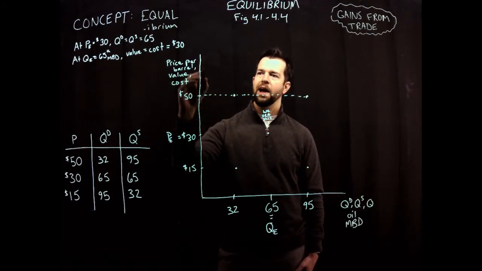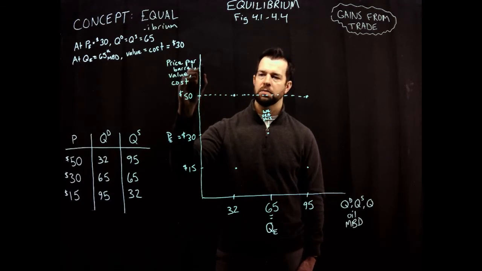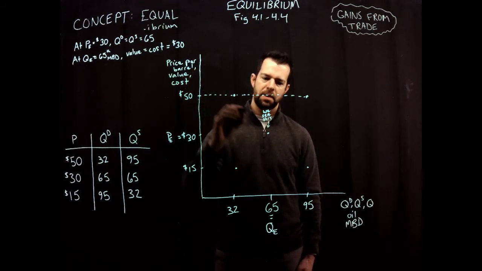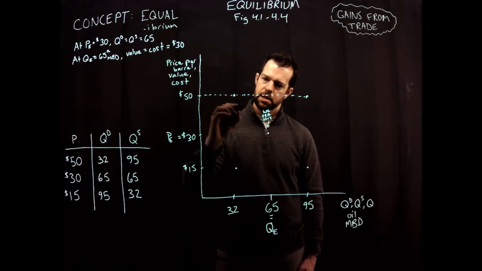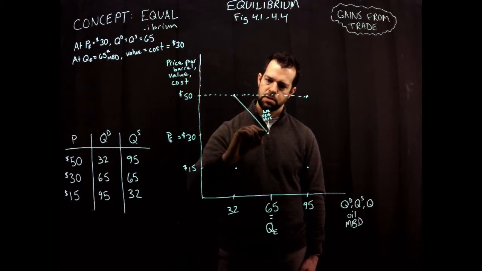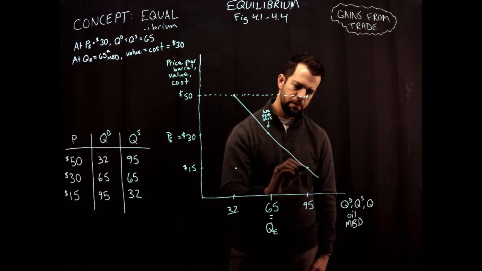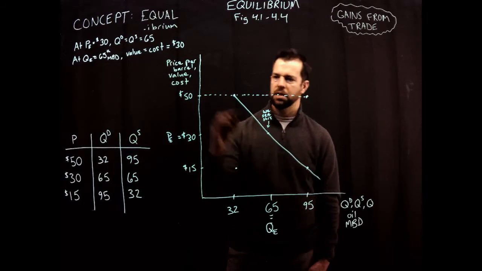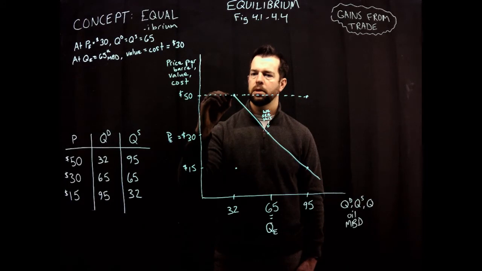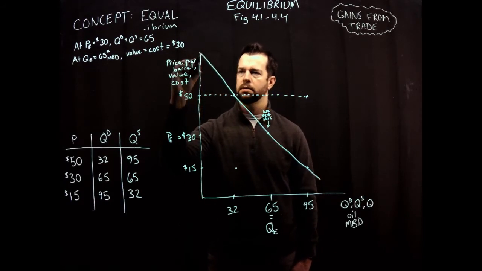Now I'm going to draw on the demand curves and supply curves to make it a little easier to see. I'm going to try to make it a relatively straight demand curve. So let's do that. Close enough. We don't even need to go to the axis there. We can choose to go to the axis here.